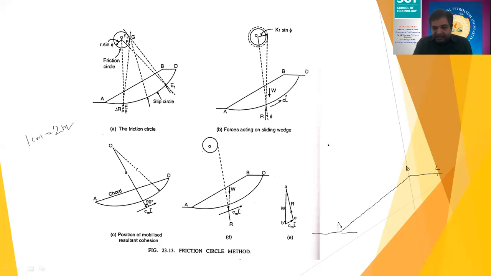Now, just imagine this is the center of the slip circle, and from this center you are going to draw an arc having radius r.